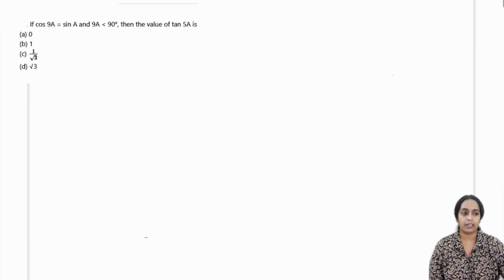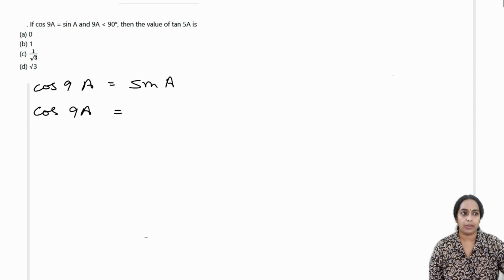So now the next question. The question says, if cos 9A is equal to sin A and 9A is less than 90 degrees, then what is the value of tan 5A? That is asked in the question. So cos 9A is equal to sin A. Sin theta can be written as cos of 90 minus theta.